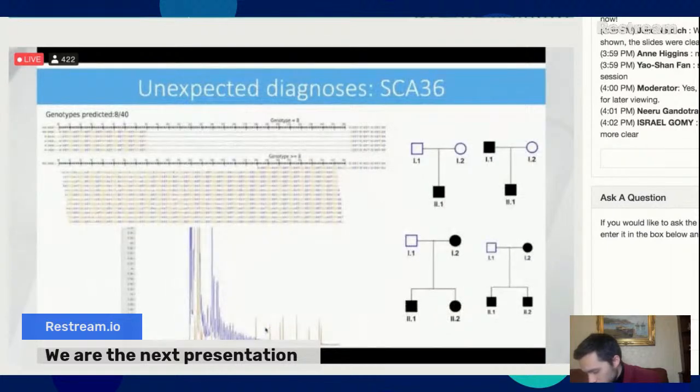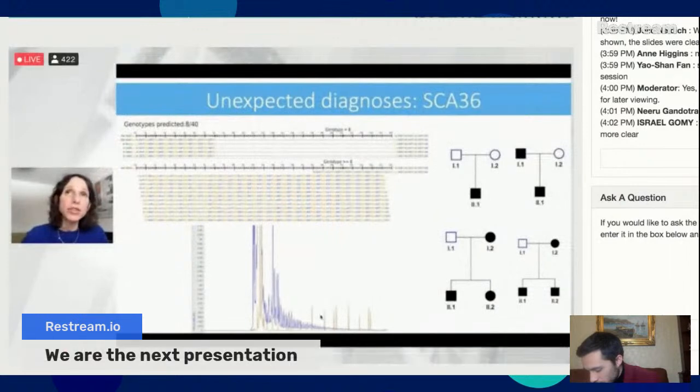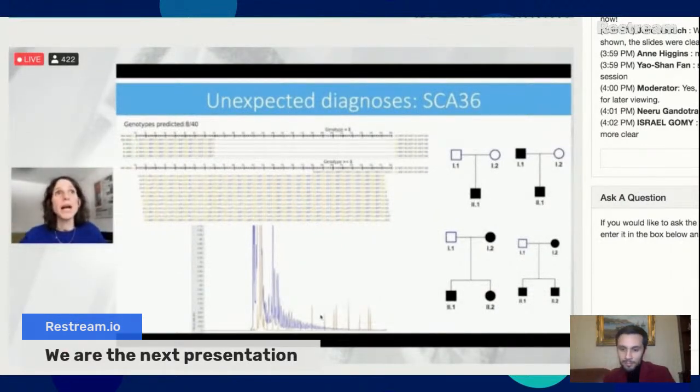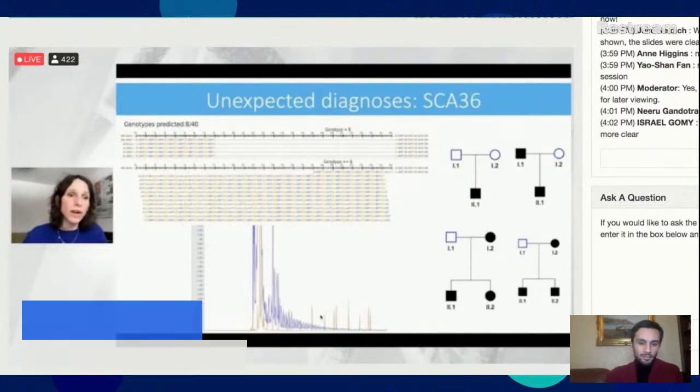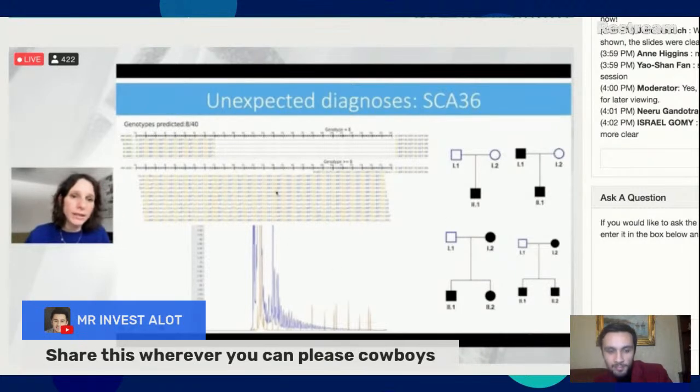We've also detected some unexpected diagnoses, such as expansions in SCA36, which have been previously described in Asian, so Japanese, and Hispanic populations, but were thought to be absent in the UK. However, we've detected a number of families with expansions in SCA36. They are all from the UK. This plot shows you the pile-up graph by ExpansionHunter, showing that there are a large number of reads with the repeats supporting the presence of an expansion.